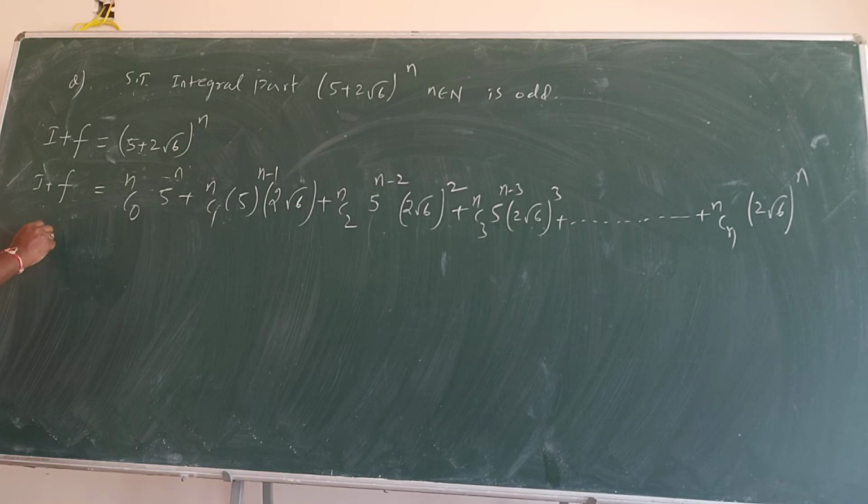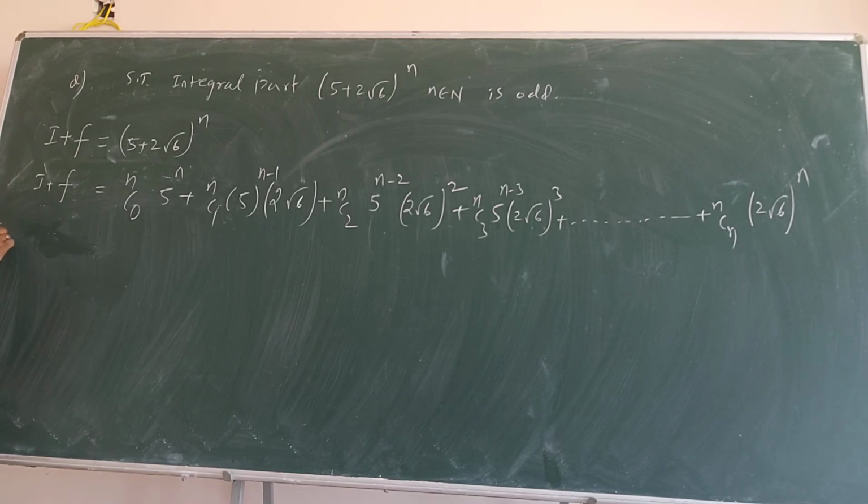Now we will take capital F, that is, capital F is 5 minus 2 root 6 to the power of n.